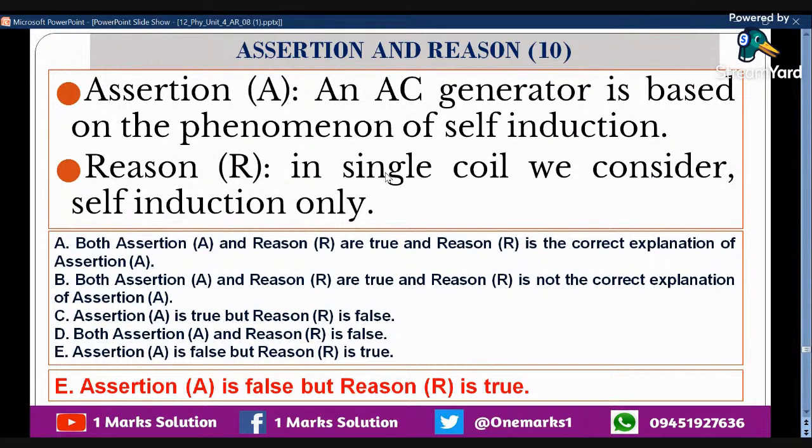Why? Because for the AC generator, they are telling about self-induction. I told you, you should write electromagnetic induction. Then only the principle will be right. Electromagnetic induction and self-induction are almost the same, but you should write the principle of the AC generator as electromagnetic induction. So assertion is false and the reason is true. The option comes here, E.